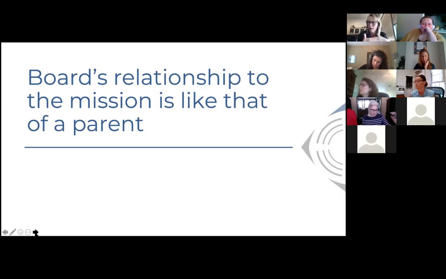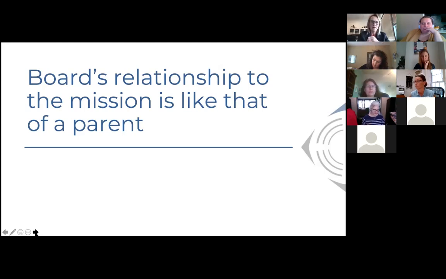Let's just go with that premise that you have one board. And if they're the only board you have, then if not them caring about the fundraising, caring about governance, caring about whatever, then who? It is the role of the board to model each of those areas in the organization at some level.